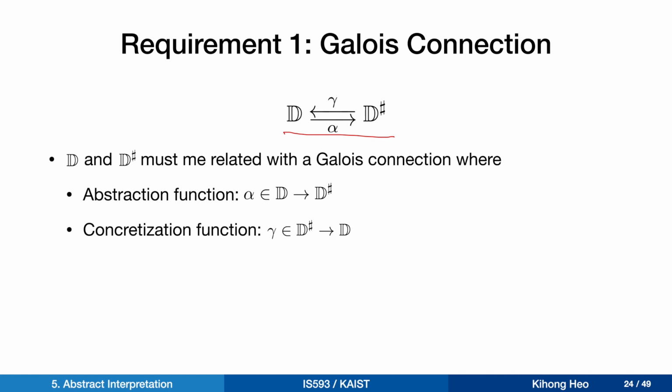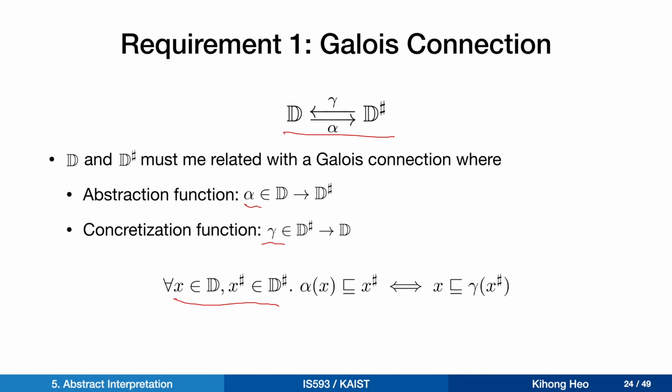It is characterized by two functions: one is alpha, the abstraction function, and the other is gamma, the concretization function. The definition of Galois connection is as follows. For all elements in the concrete and abstract domain, if this condition holds, then the two domains are Galois connected.